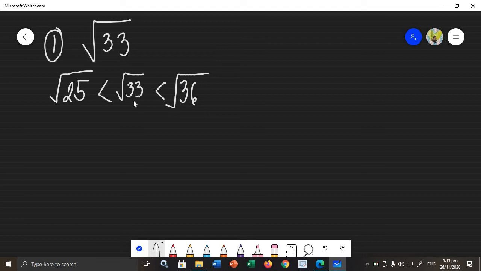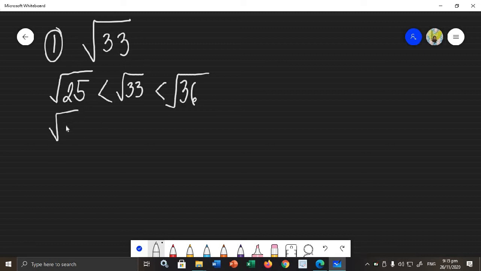So for you to be able to do that, pwede nyo isubtract. 36 minus 33, the answer is 3. Diba? And then 33 minus 25, the answer is 8. So, saan siya mas malapit? Mas malapit siya dito kasi mas maliit yung difference nila nung sinubtract mo. Di ba? Dito 3, dito 8. So, mas malapit si square root of 33 kay square root of 36.